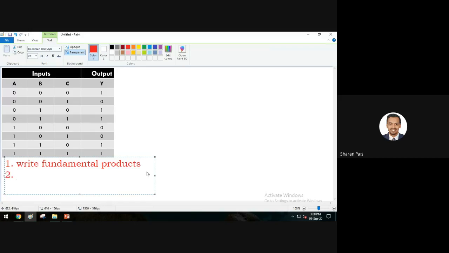Second, all those terms to get y equation.